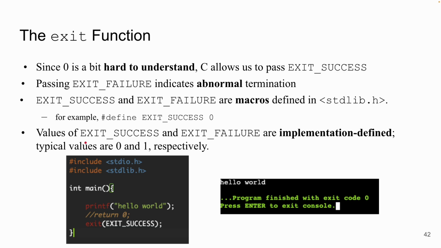And actually the value of this macro is implementation defined. What this means is that the actual value for this macro may be different from one machine to another. Typically there will be values of 0 and 1, but if you truly want to know the exact value of these two macros, you can also check out the header file here.